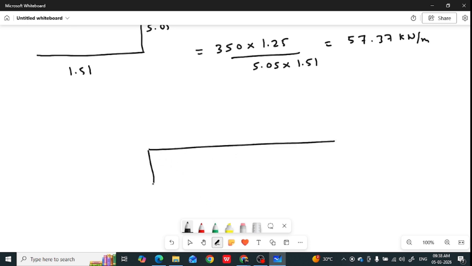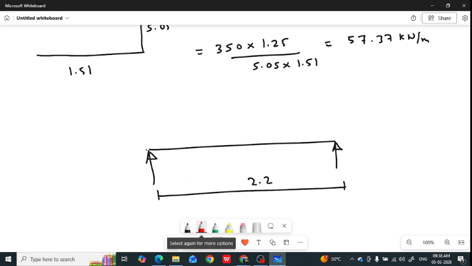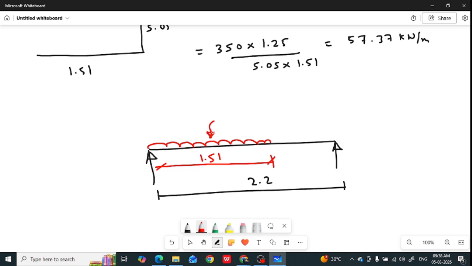This is the span of the beam. For the shear, the span is 2.2 meter, and you have to show the intensity of the load. The length of the UDL is nothing but the dispersion length, this is 1.5. The intensity of the load, just now we have calculated, is 57.37 kilonewton per meter.